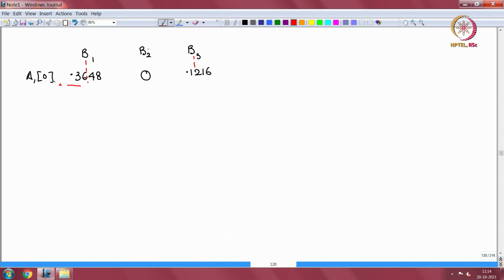But earlier B1 and B3 were orthogonal. Now, because both of them share a non-zero number with A1, those two will also couple, those two will influence each other.